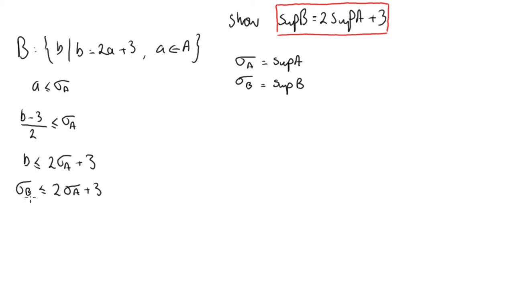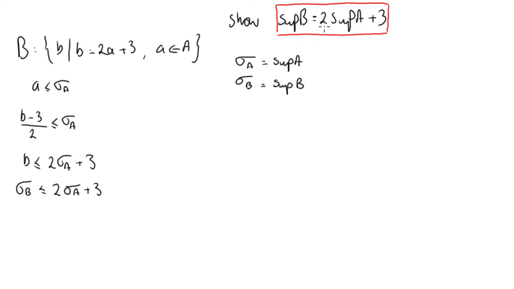Hence, the supremum will always be smaller than or equal to this as well. So we've now shown that the supremum of B is smaller than or equal to twice the supremum of A plus 3.